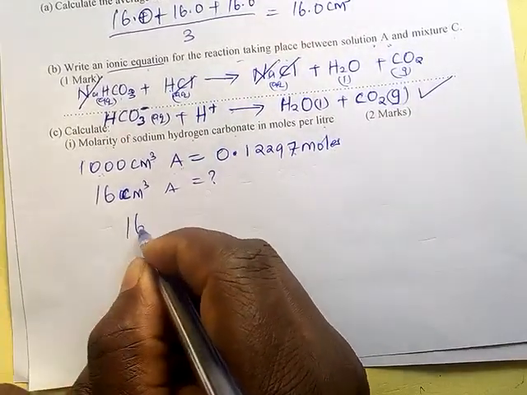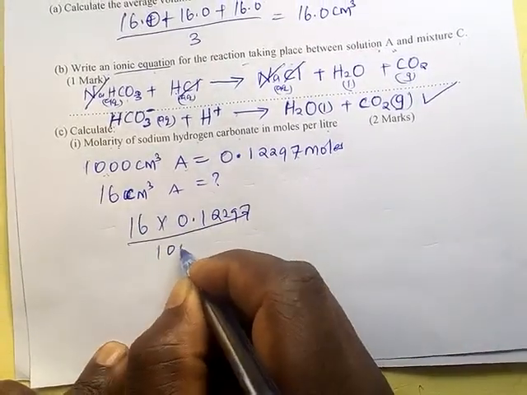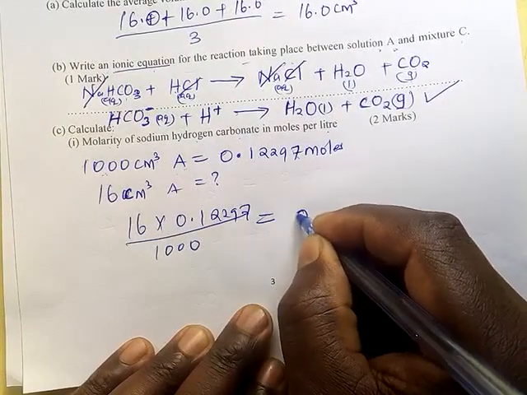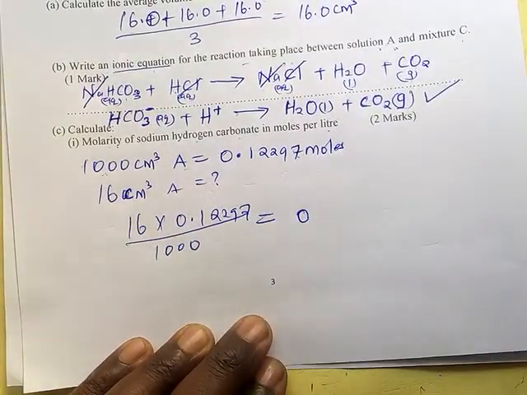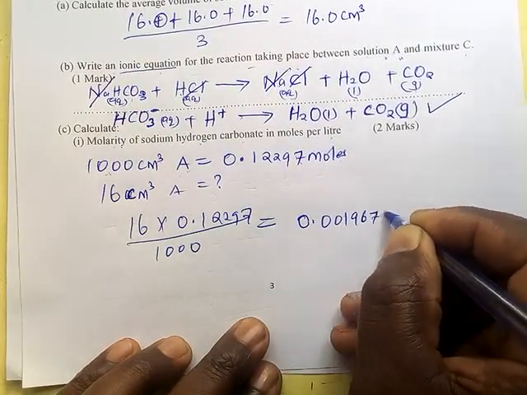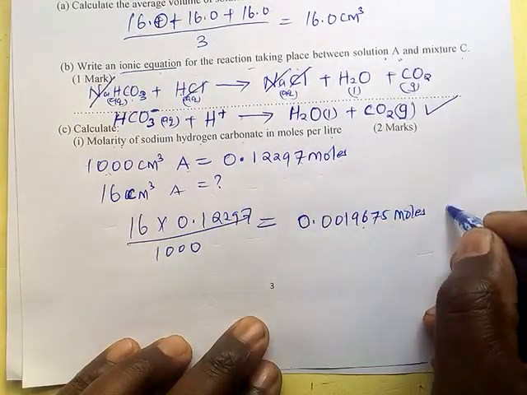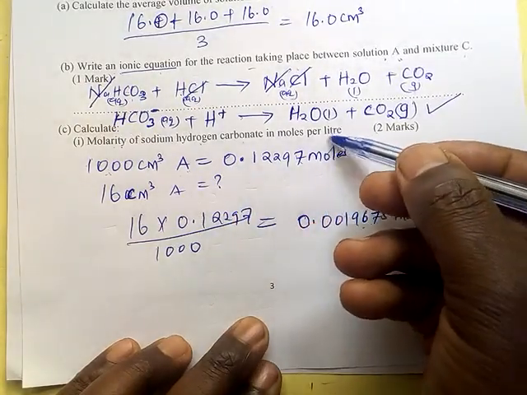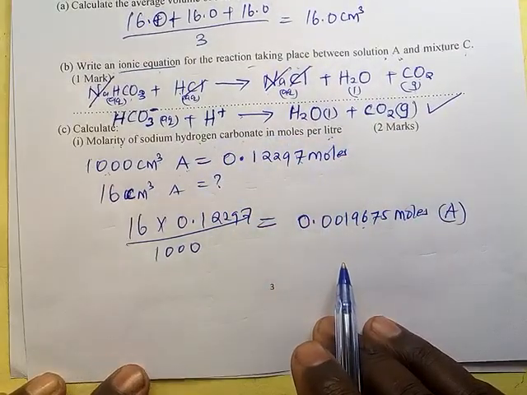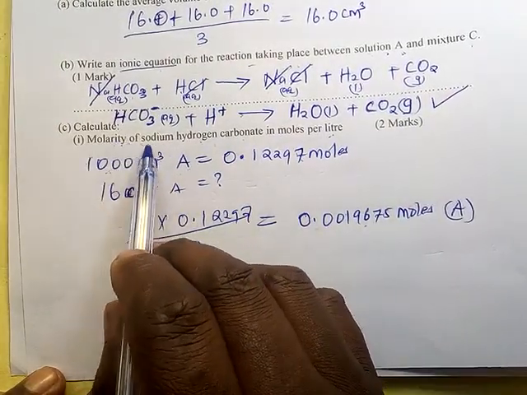So we get 16 times 0.12297, we divide by 1000, and this gives us 0.001965 moles. But remember, this is the number of moles of A that reacted with C, sodium hydrogen carbonate. That is not what we are being asked. What we are asked is the molarity of sodium hydrogen carbonate.